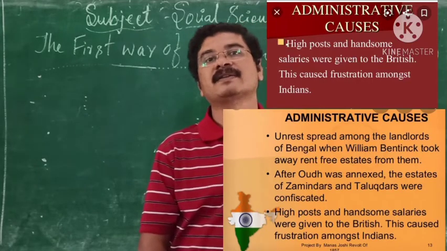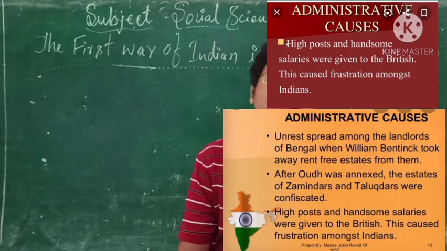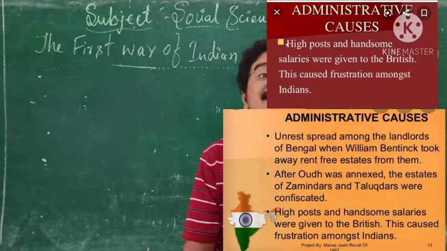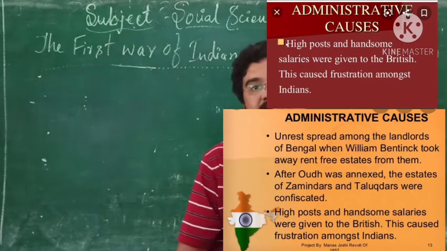This was a main administrative cause. Then the fourth administrative cause was that most of the time the British judges favored the British.